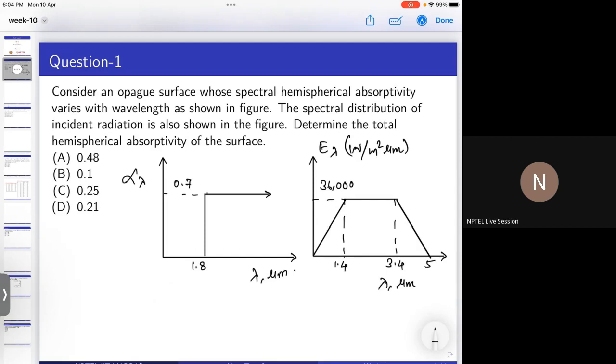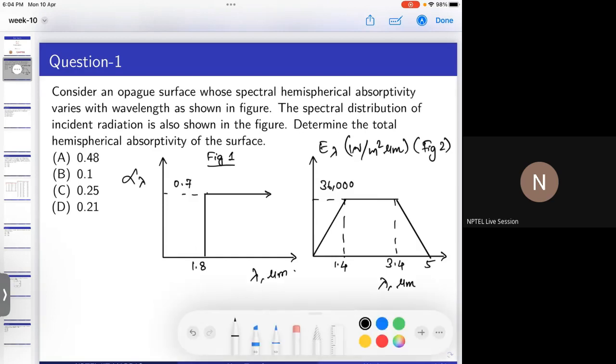So these are the given figures. Hemispherical means this distribution of the absorptivity with wavelength is the first figure, fig 1. And fig 2 is the spectral distribution of incident radiation. These are the two figures which are given. We have to find the total hemispherical absorptivity of the surface. I will give you some time to solve this out.